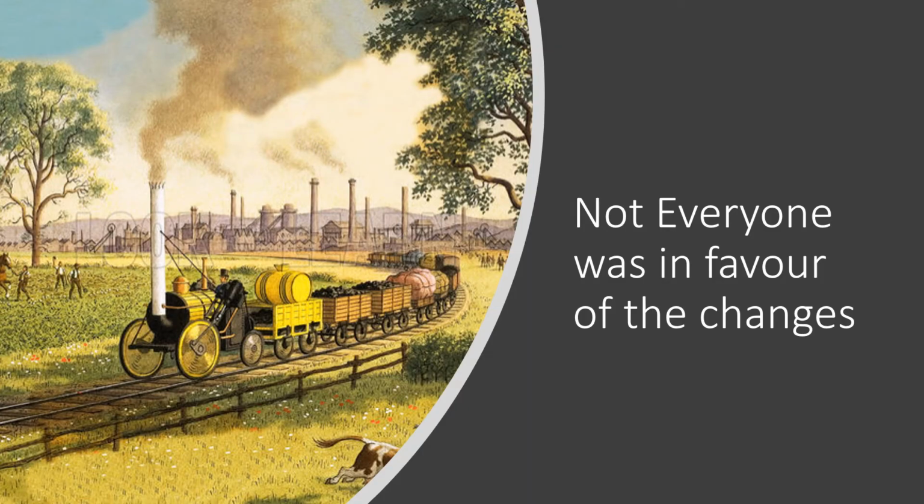But all these changes also came with the reality that not everyone was in favor of them. Here, you can see in this picture the city, the farmland, the factories, the railway, the cows. Not everyone was always in favor of it. In fact, for a while, England didn't want to acknowledge that this revolution was taking place.